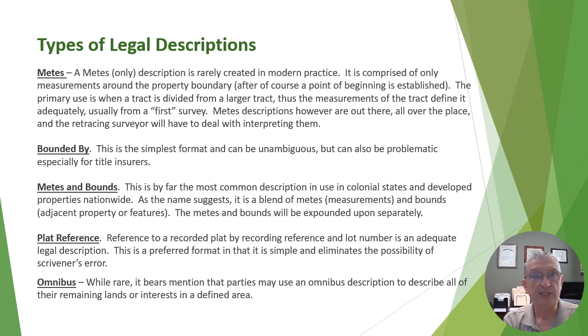If there is anything left, any remaining interest that the grantor has of any property in a certain location is hereby granted. That basically means if you find out later that they forgot to sign a right-of-way deed and the county's wanting a right-of-way deed so they can get funding, the person that receives the omnibus deed will have whatever interest they had. It's basically a form of a quitclaim deed.